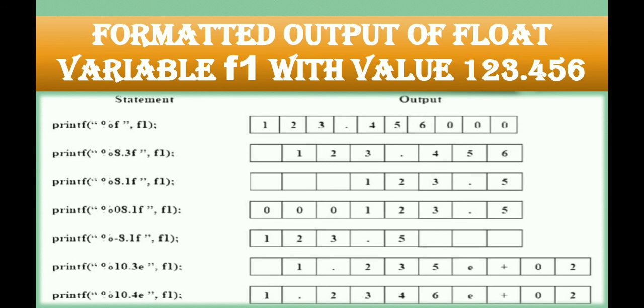After the decimal point it will display 6 characters. So here in our input we have only 3 characters after the point. So the rest of the 3 places will be occupied by zeros there.